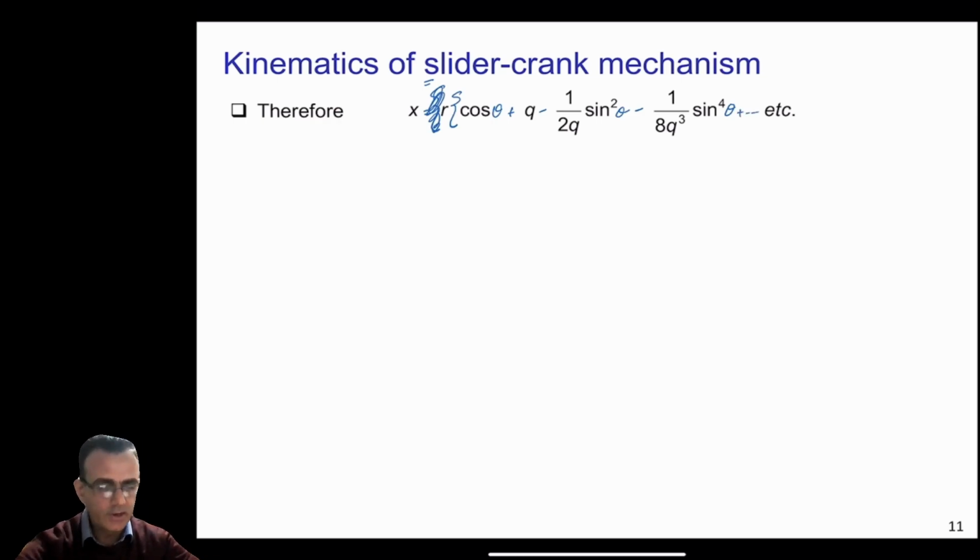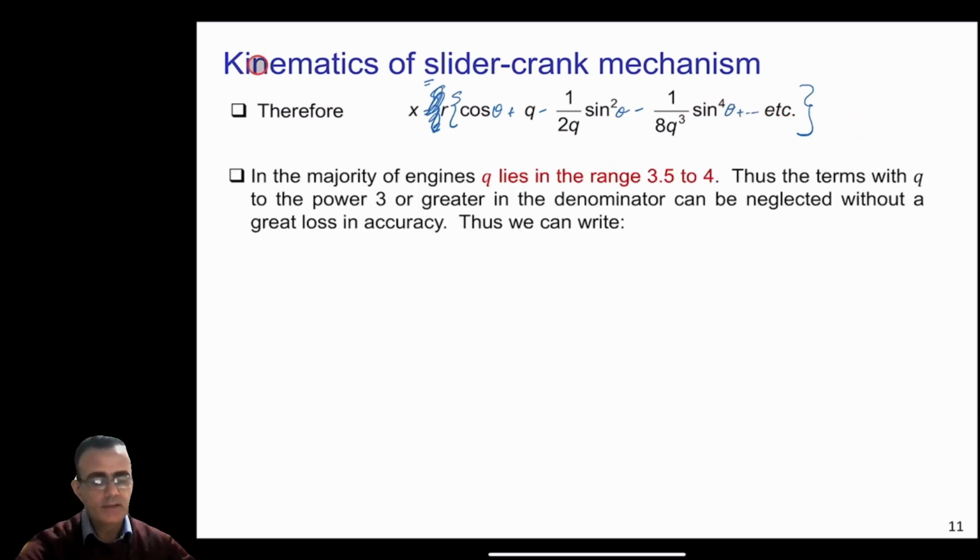So in case of x, you get x is equal to r into cos theta plus q minus 1 over 2q sine square theta minus 1 over 8 q cube sine 4 theta plus so on.